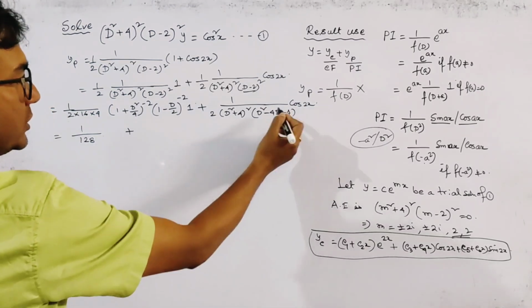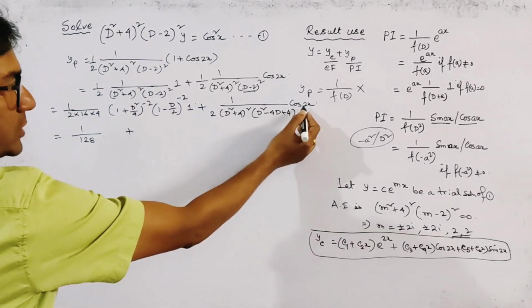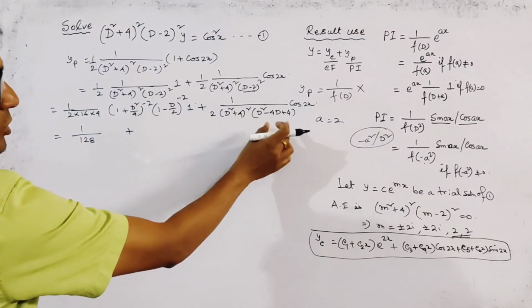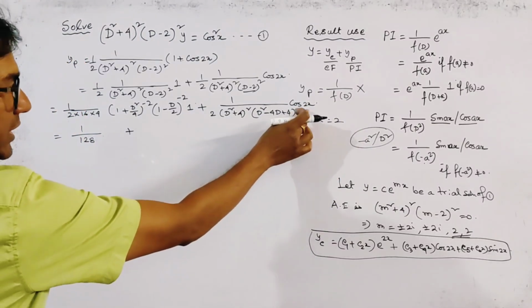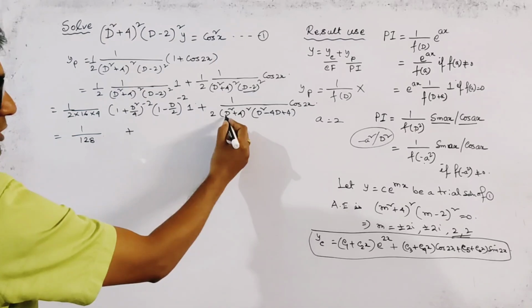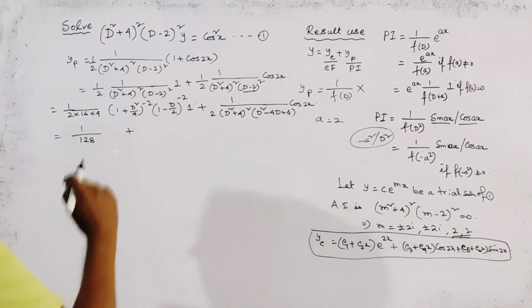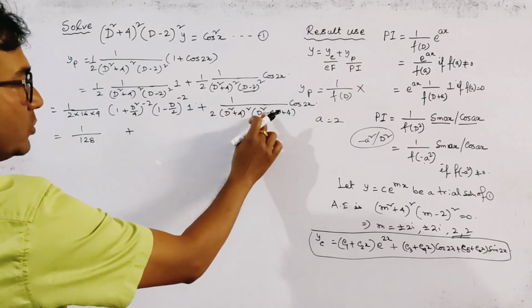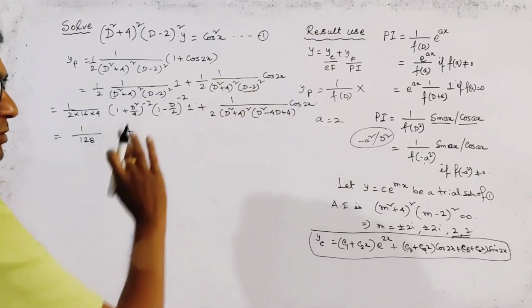Here if we put d square equal to minus 4, because here a equal to 2, this factor is not 0, but if we put d square equal to minus a square in the other factor, then this factor is 0. So we cannot put d square equal to minus 4 there, but we can put d square equal to minus 4 here.